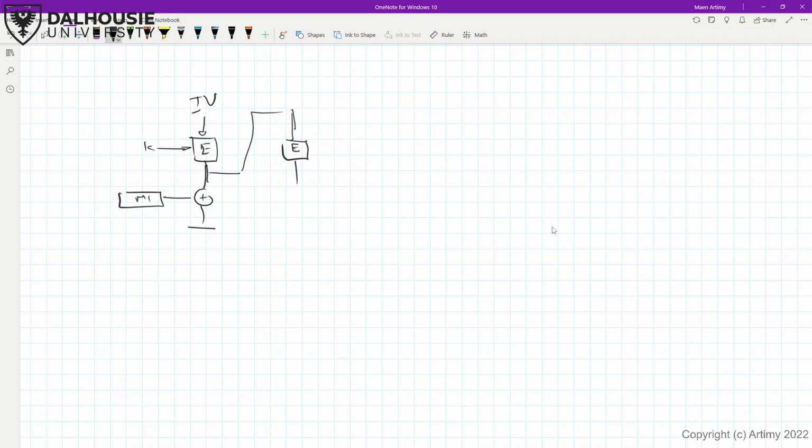We get the cipher. So let's assume that B1 here is the output that we get. So C1 is B1 XOR M1, and C2 will be B2 XOR M2.